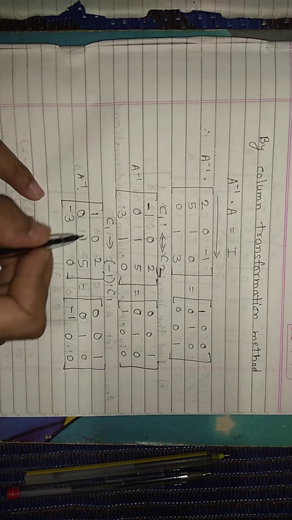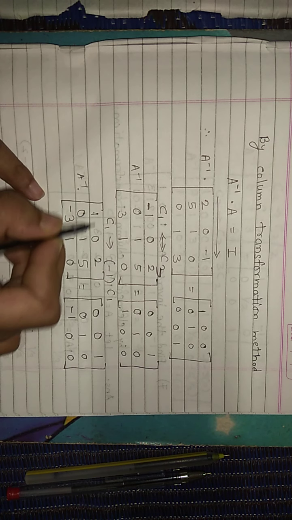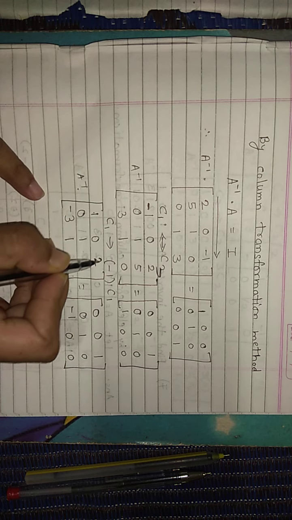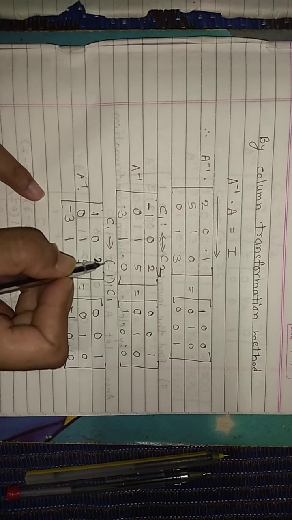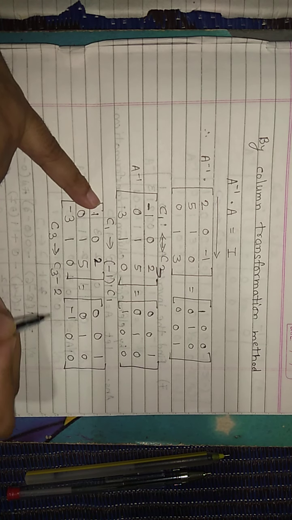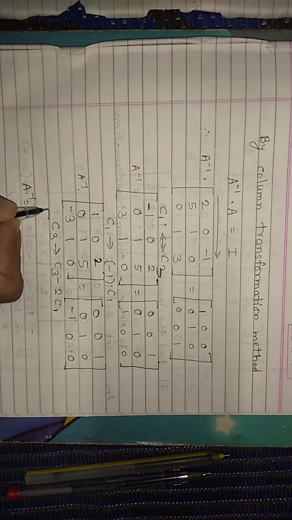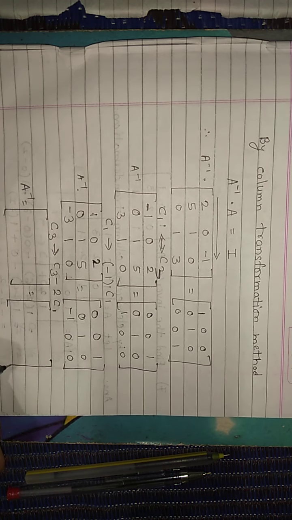Next step, we have to go to the third element, 2. 1, 0, here we need 0. So this 2 in the third column we have to convert into 0. So we change C3 as C3 minus 2 into C1, because 1 is given in column number 1. C3 is equal to C3 minus 2 C1. So the remaining answer is A inverse in a bracket, the determinant we have to solve as it is.